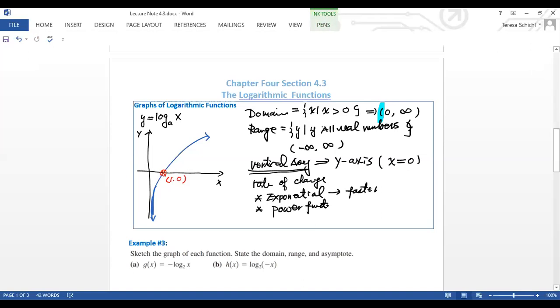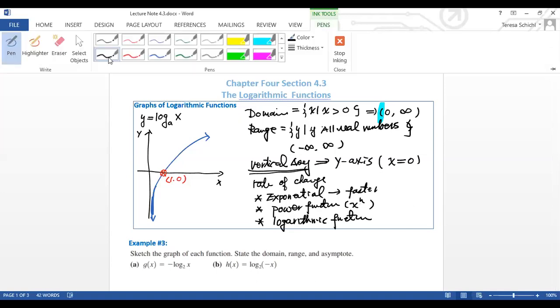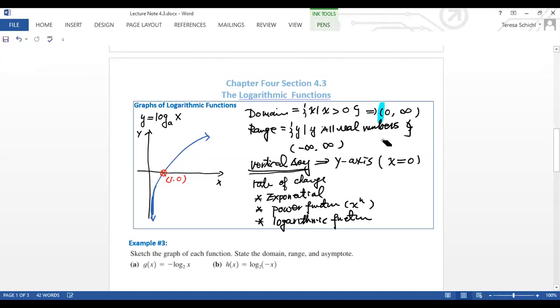For example, a polynomial power function is something like x to the nth power. Compared to the power function, the log function is a little bit slower. That's how you compare the rates of change.